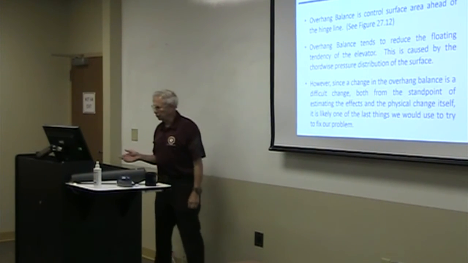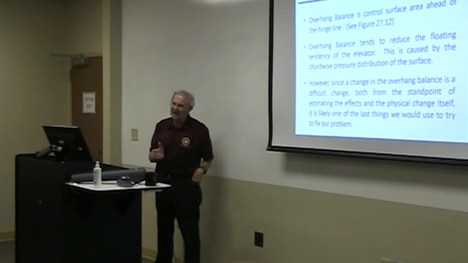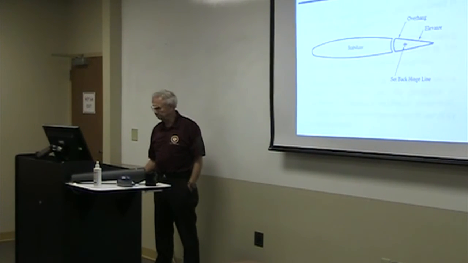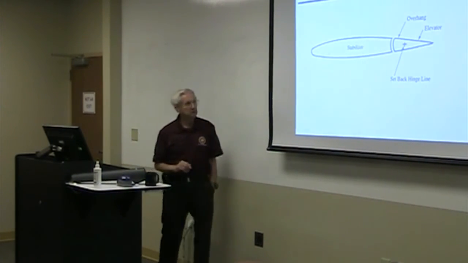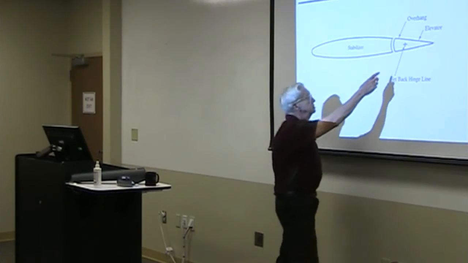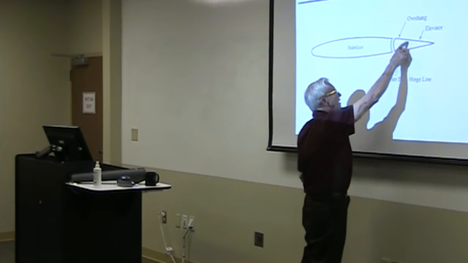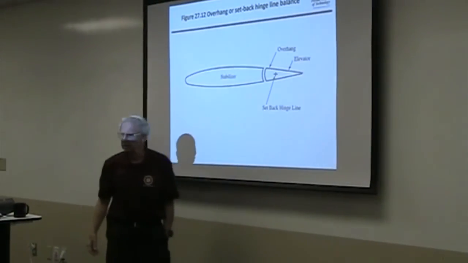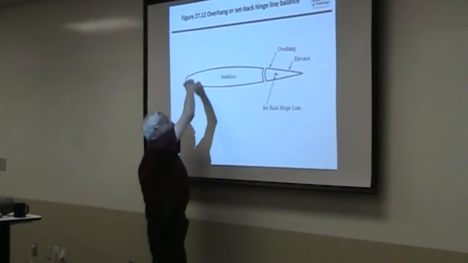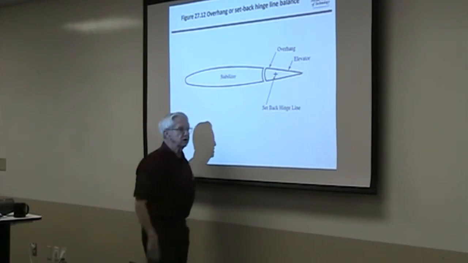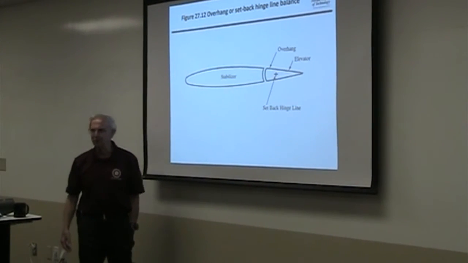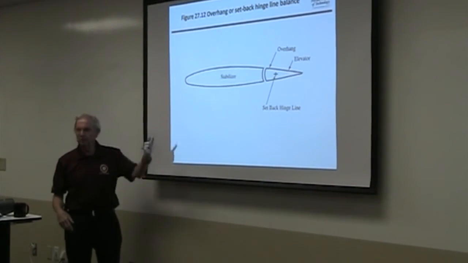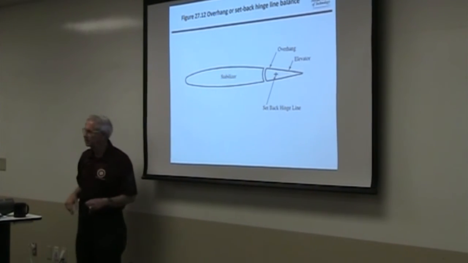Overhang balance is a controlled surface area ahead of the hinge line. Here's an example. Here's the hinge. Notice that we have a lot of surface area ahead of the elevator hinge. So the chordwise lift distribution is going to affect the floating tendency of the elevator.